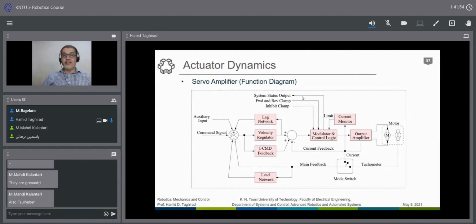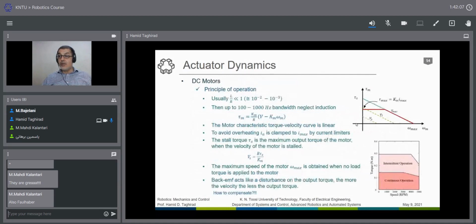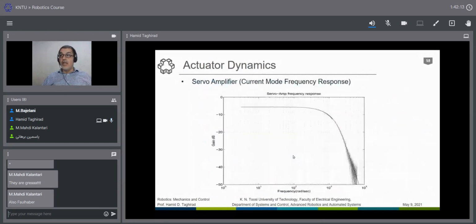And also we can get the system status output to check that everything is working. This is a function diagram of a servo amplifier, and it is very important to use this type of characteristic of the motor in the system.